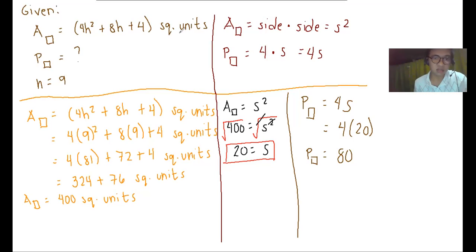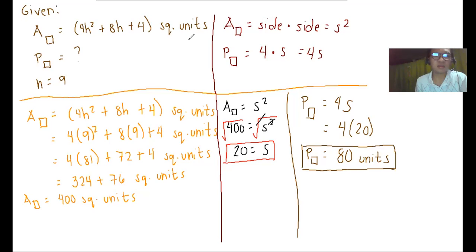Since square units were used for the area, for the perimeter we will use units. So 80 units is our final answer. That is the answer for number 1.